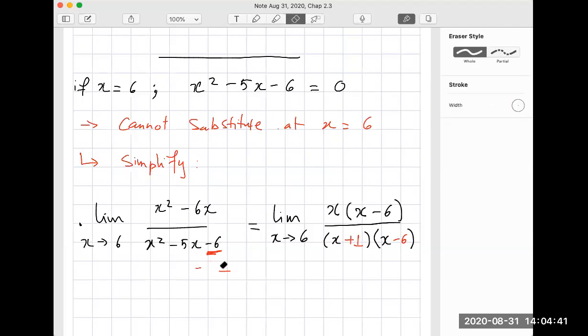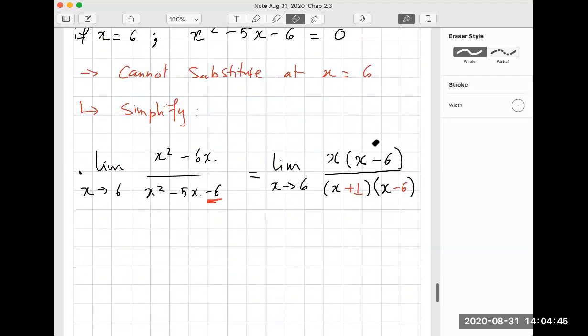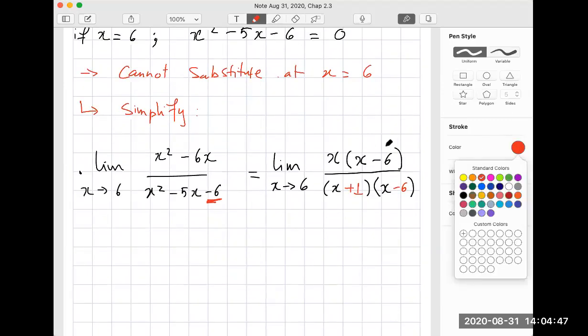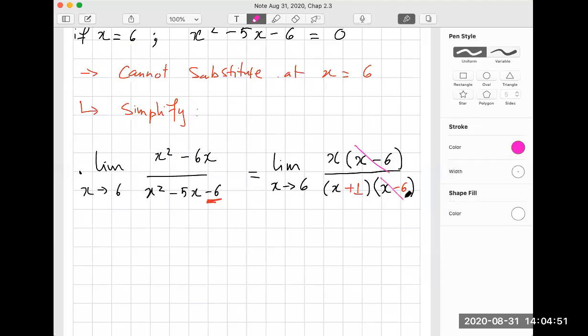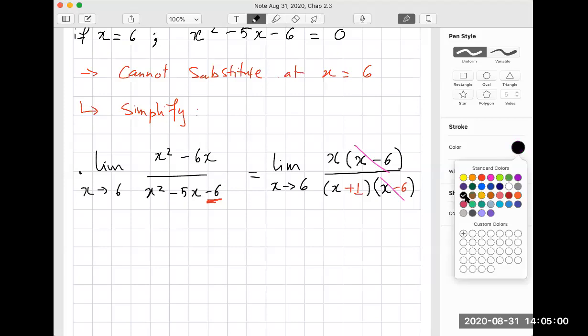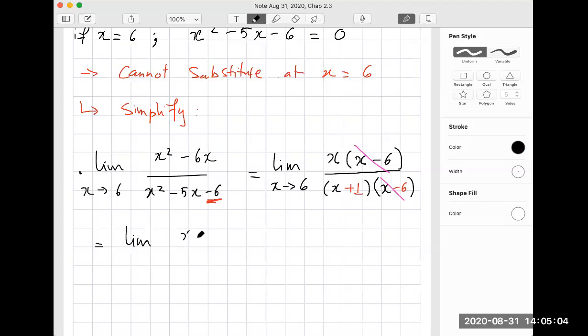So let me erase this. Okay, now we see that this factor is common to the numerator and denominator. So they cancel each other, right? So the limit becomes the limit of x over x plus 1 as x approaches 6.